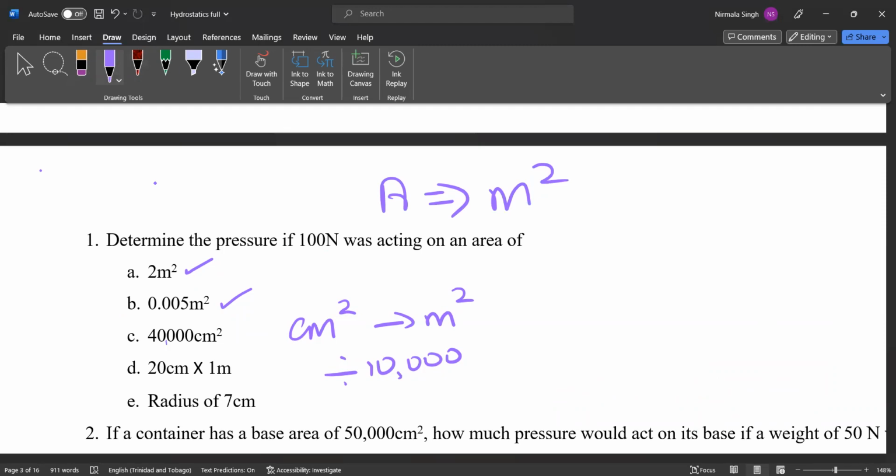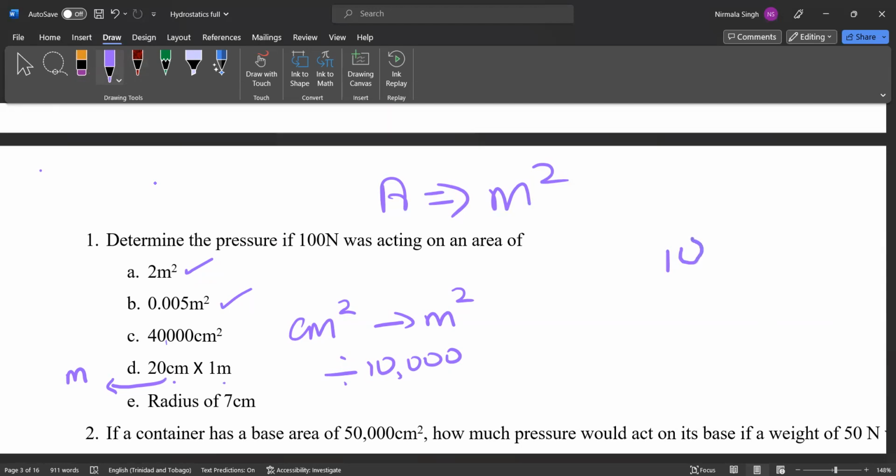This is where I have uneven units. I have a meter by centimeters. So you're going to have to convert this 20 centimeters into meters. How do we convert cm to meters? Again, we divide by... are you listening? How do we convert centimeters to meters?